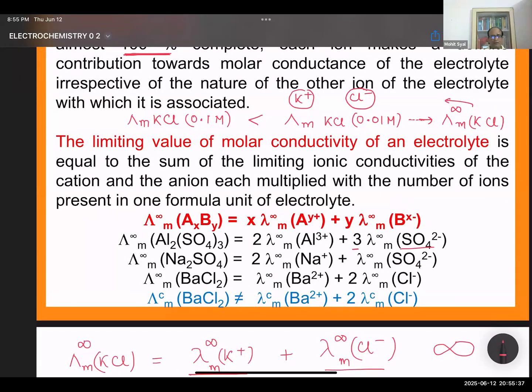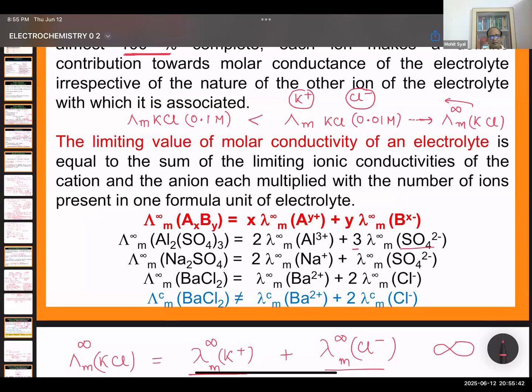For example, if you talk about sodium sulfate, the limiting value of the molar conductivity will be equal to twice the limiting value of molar conductivity of Na plus ion. Twice, why twice? Because you have 2 moles of Na plus, plus the limiting value of molar conductivity of sulfate ions.